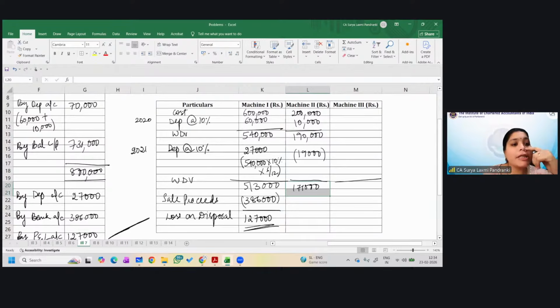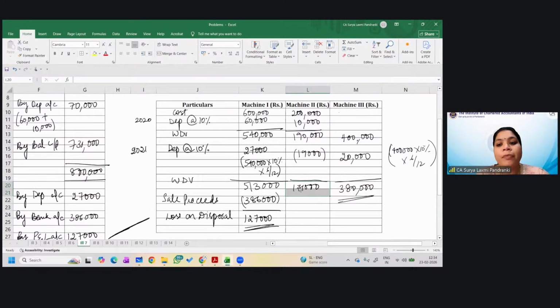Now you have one more machinery which was purchased on 1st July for 4 lakhs, right? And depreciation on that will be 4 lakh into 10% into 6 by 12, only for 6 months again. Why? Because it was purchased on 1st July, 6 months. So it is 20,000. The carrying value will be 3,80,000.